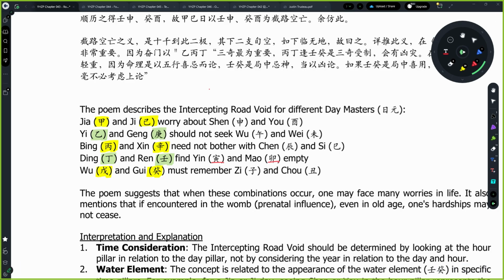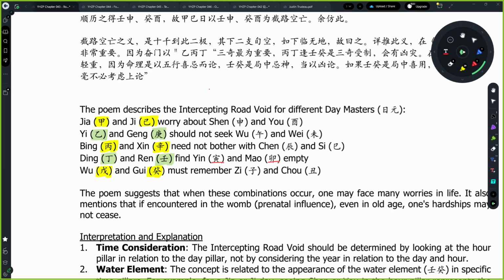Now, how about Jia and Ji? Jia wood combines with Ji earth to produce what? So they produce earth. And here, earth can be weakened by Shen and You, coming to the metal. So therefore, you can see that would be metal.